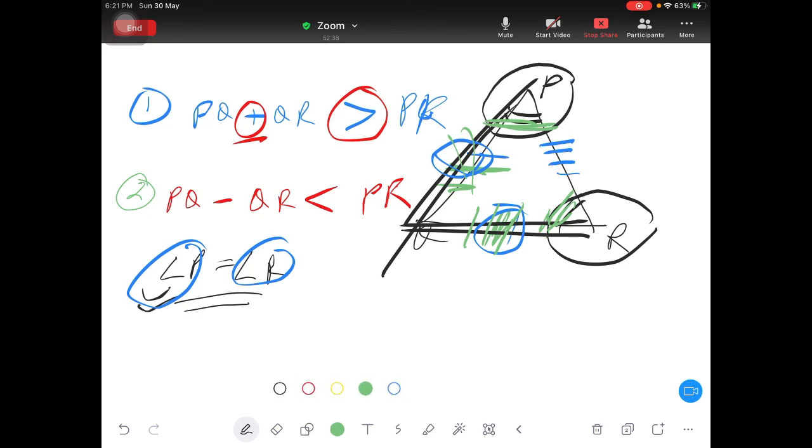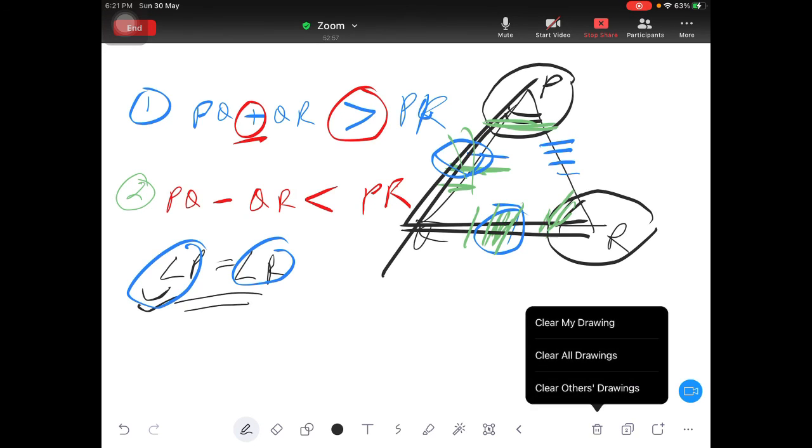Now we have another property. If the angles are in increasing or decreasing order, then the sides opposite to them will also be in the same order. Let me explain.